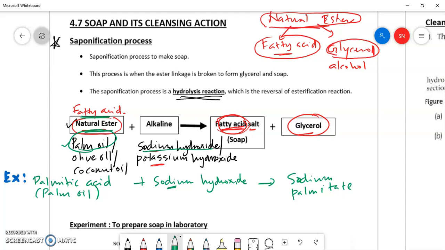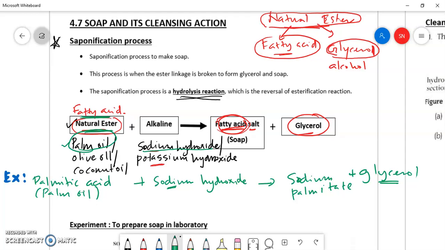I will get sodium palmitate, plus of course glycerol. So this glycerol is fixed.